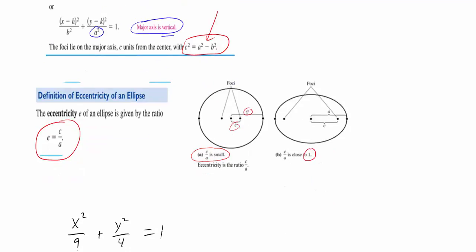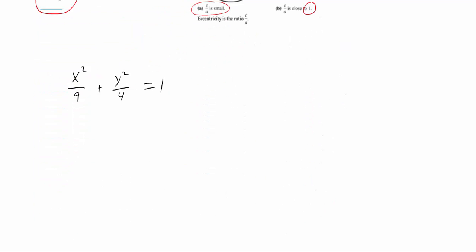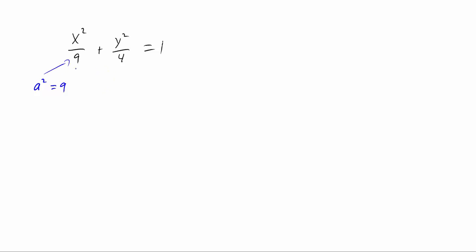So we already have our standard form, and where is the a value going to be? We have a 9 on the bottom and a 4. Well, because a is the largest value, then we know that a squared must be equal to 9 because 9 is bigger than 4, so that means then that b squared must be equal to 4.